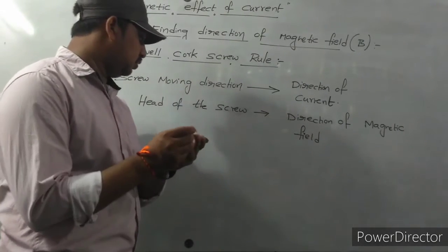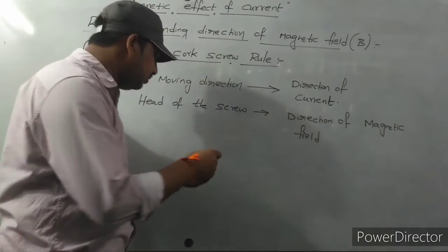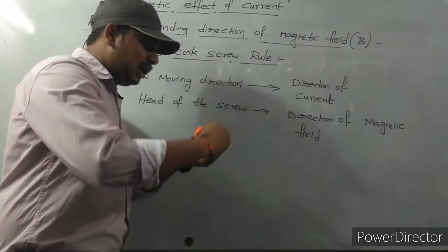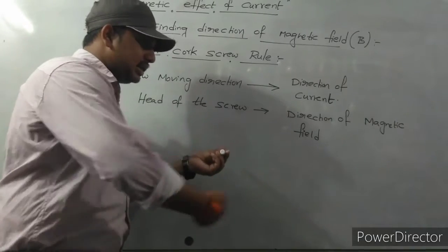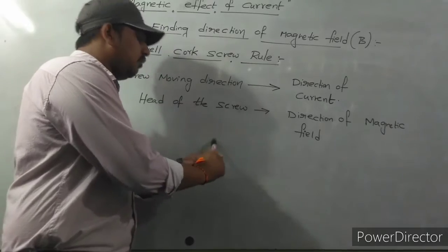For example, the screw is moving into the wall. How is it moving into the wall? Because if we move the head of the screw in clockwise direction, then the screw is moving into the wall.